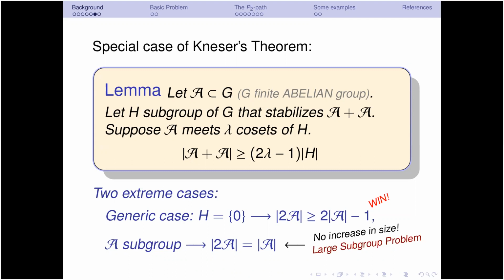So this is the set A. And we want to show that A times A times A covers the full group. That's when you write things with a multiplicative notation. Usually when you do some additive combinatorics, you use addition instead of multiplication. So I've written Kneser's theorem, which I use here with additive notation.